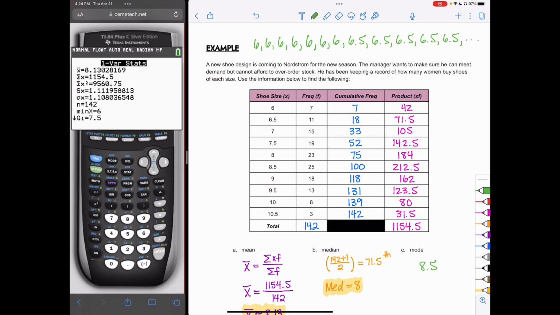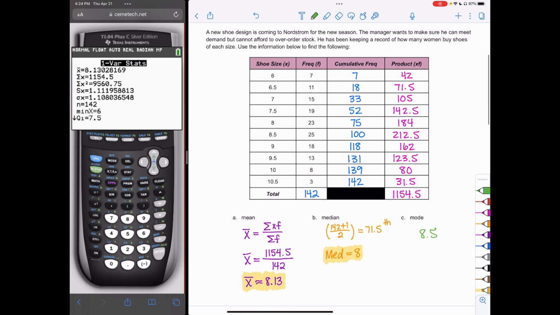As you can see, I can tell based off of this menu that my mean at the top is 8.13. So I can verify that in a calculator, so that's right. I can see that my median is 8. That is correct. And of course, the calculator does not give you your mode. You can just find your mode by looking at it. And of course, that's 8.5.